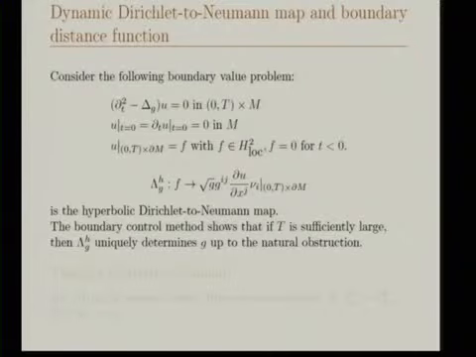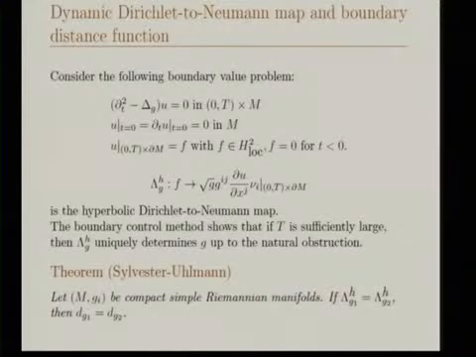Now, it is a result of Stefanov and Uhlmann that says that, here you require T to be sufficiently large, but you take any T, and if you consider compact simple Riemannian manifolds with boundary, and the hyperbolic Dirichlet-Neumann maps are the same, then the boundary distance functions are the same. So this is true in the hyperbolic case. In the elliptic case, it's still an open problem.